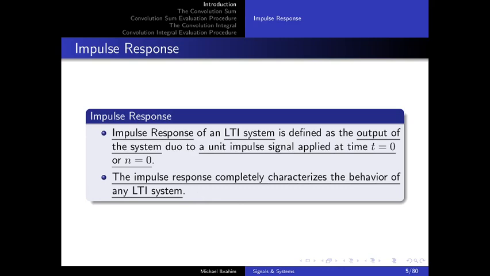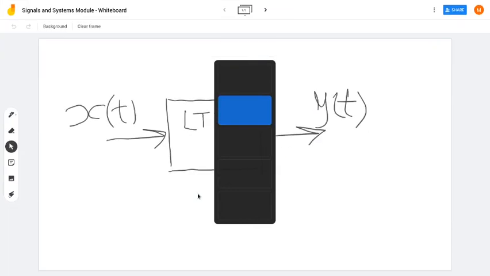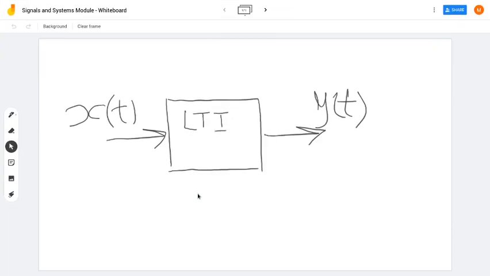In order to understand this definition, let's move to our whiteboard over here. So let's say we have an LTI system, a system that's linear and time invariant. And this system has an input x of t and the output is y of t. So what is the impulse response? The impulse response is basically the response or the output that will be generated from this system if this input is equal to an impulse.